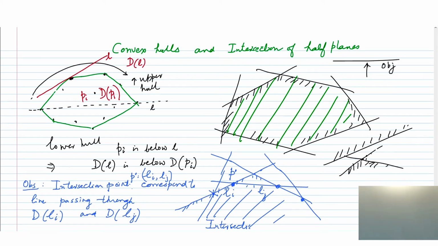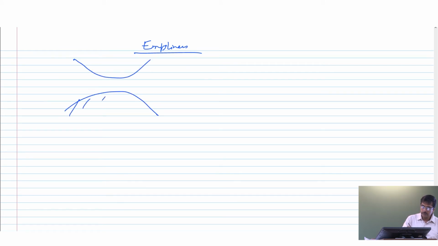And what happens if it is empty? The emptiness can also be handled from the same thing. Emptiness basically falls out as you will find that the convex chains that we have will look like something like this.